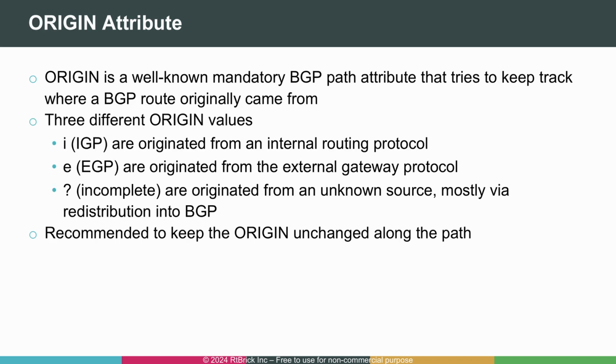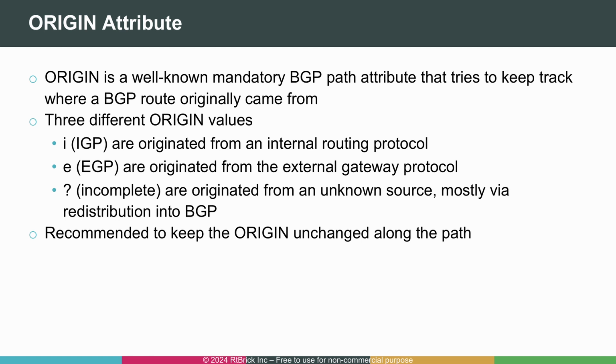The BGP origin is a well-known mandatory attribute that describes the source of the prefix. The origin attribute can take one of three possible values. IGP describes a prefix originated by an IGP, Interior Gateway Protocol, running inside the local autonomous system. EGP represents a prefix taken from the Exterior Gateway Protocol.